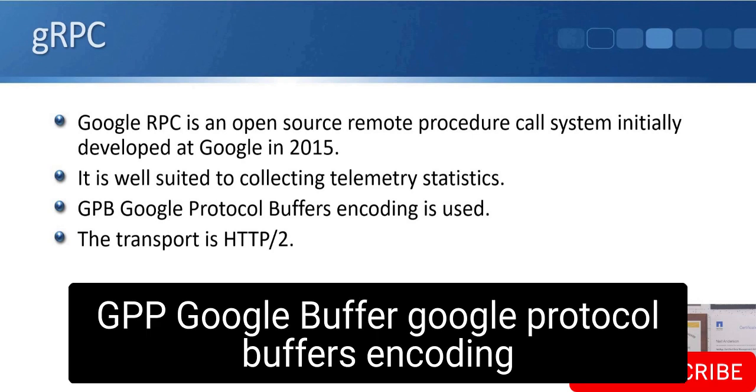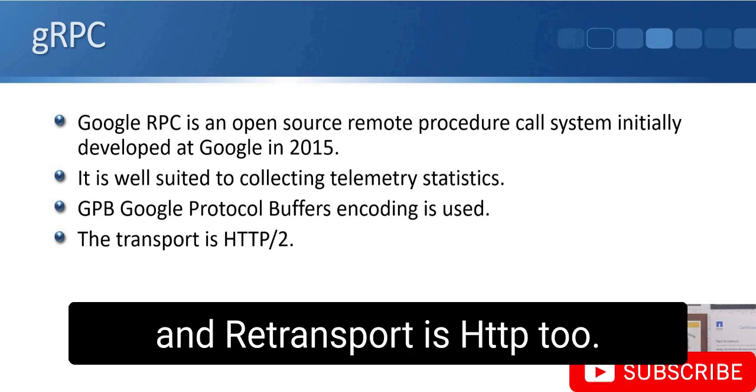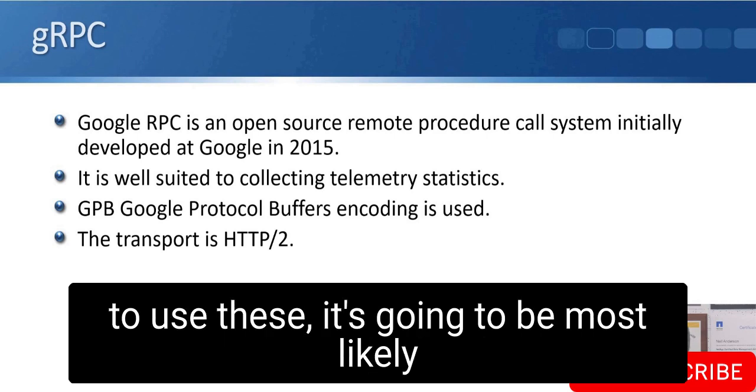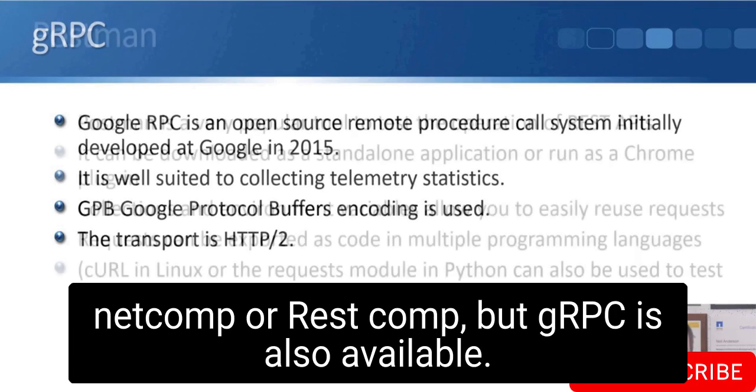GPB, Google Protocol Buffers encoding is used rather than XML or JSON, and the transport is HTTP too. So for interacting with network devices, if you're going to use these, it's going to be most likely NetConf or RESTCONF, but gRPC is also available.